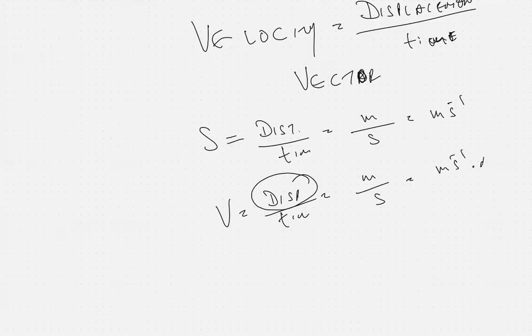Maybe they might say east or west. Remember, if it is given up or down, or to the left or the right, the direction should be there. Then it's the velocity.